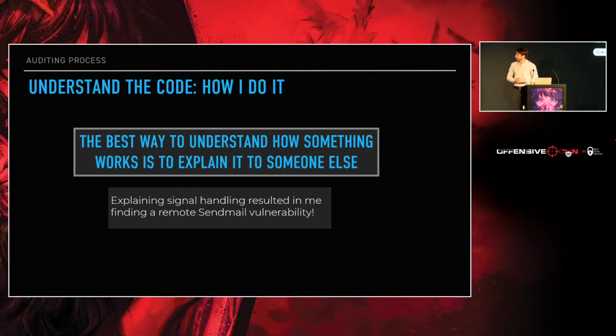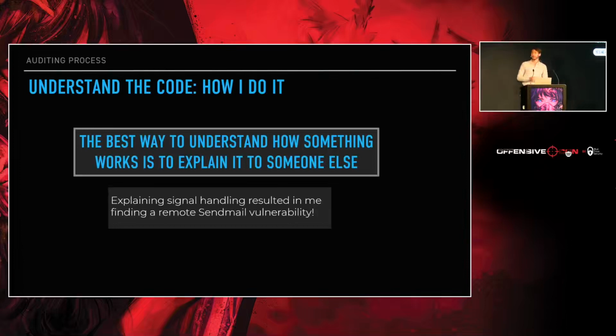By the way, the best way to understand how something works is to explain it to someone else, whether you're doing a presentation, a blog post, a book, or a training session. It is amazing how many times I've written papers for things that I thought I knew back to front, and how many blind spots I realized I had while writing the paper.